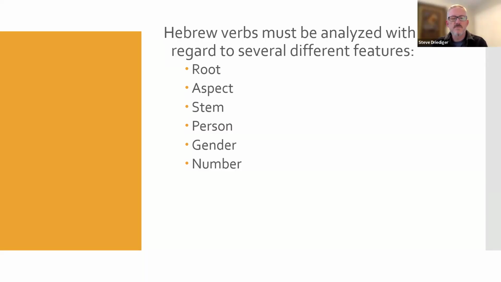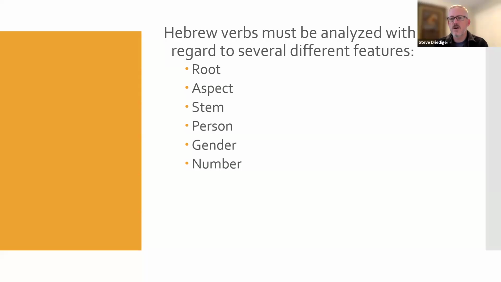Those are the two big ones in terms of comprehending what's going on. Aspect is roughly equivalent to what in English we would call tense, except that aspect doesn't really have to do with time, in a way that's similar to the Greek verb system.